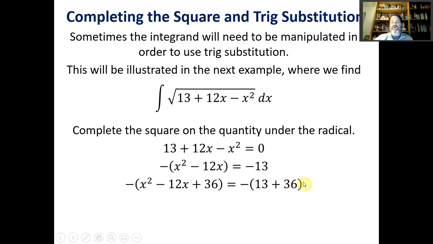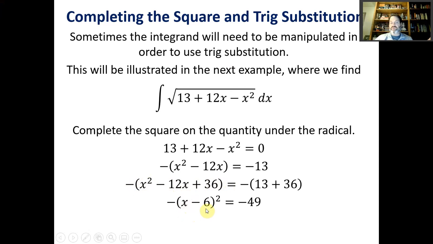So when you do it over here, I went ahead and put it inside some parentheses so I can remember it's negative 36. If you want to write negative 36, that's fine. But I like to kind of just keep track of everything as I go. So this is a perfect square, right? It's just the square root of this minus the square root of this.